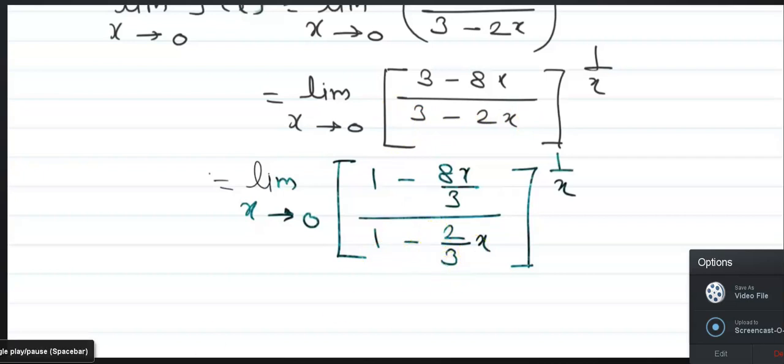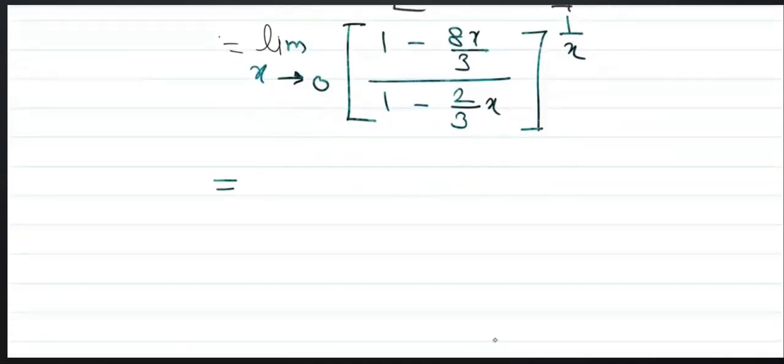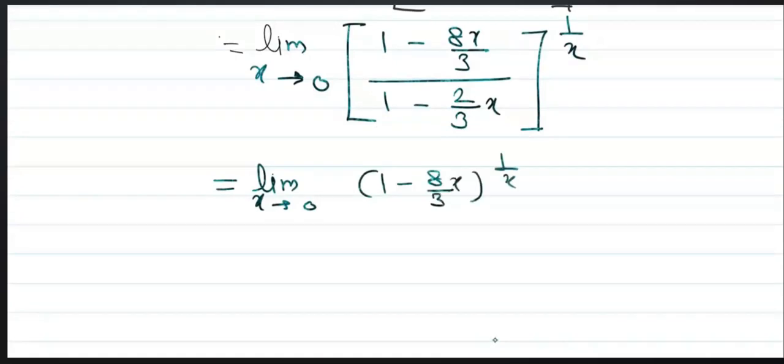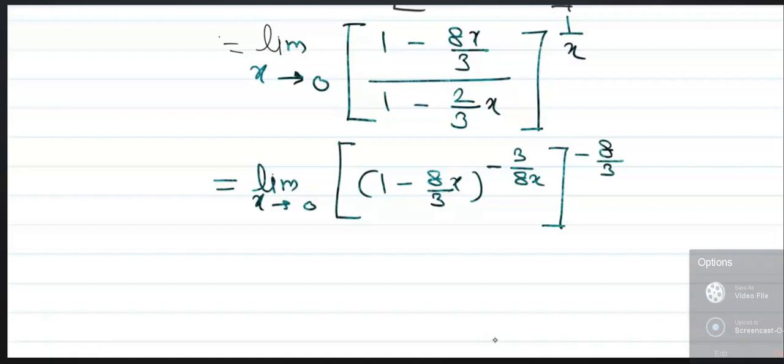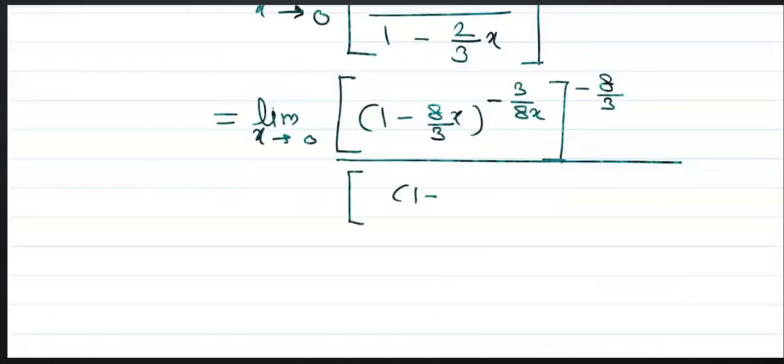Now again see this here. Now we do the adjustment, that is (1 minus 8x upon 3) bracket raised to, now see this here. I will show both adjustments.